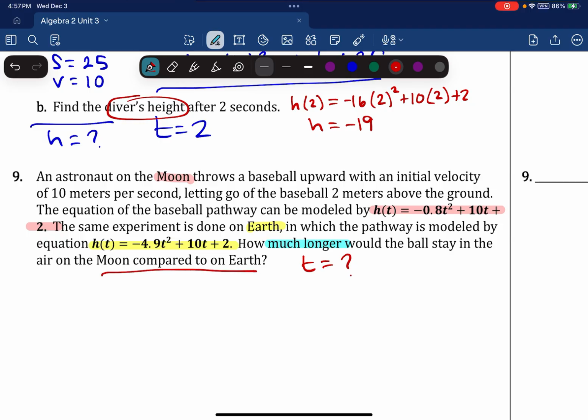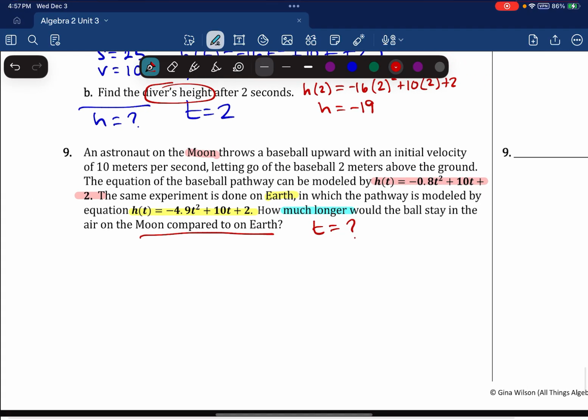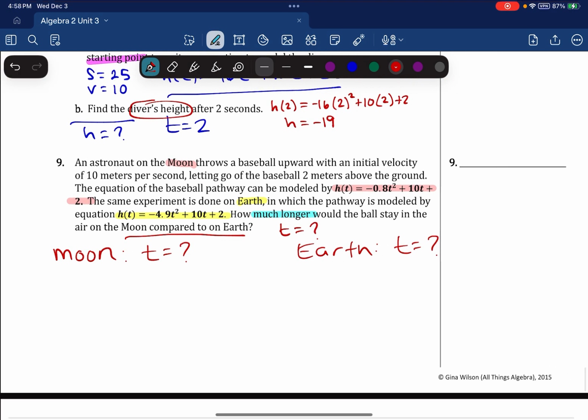So the first thing is I need to find the moon's time and the Earth's time. And it says how long it stays in the air. So again, let's think about what this picture looks like. I'm tossing a ball up into the air. Here's time ticking along on this line.